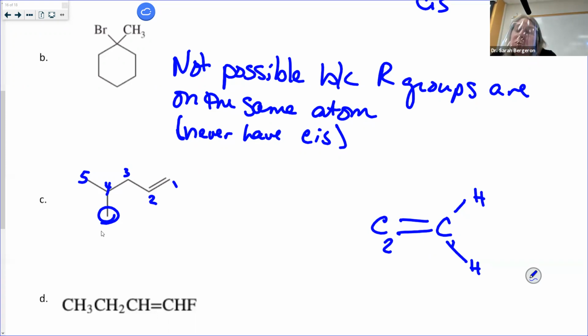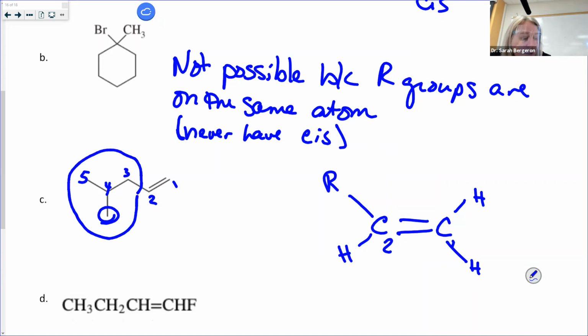Look at carbon 2. What's attached to carbon 2? The rest of the molecule and a hydrogen. Remember, carbon needs 4 bonds. So I didn't draw all this. I just said all of this is R. Y'all see that?